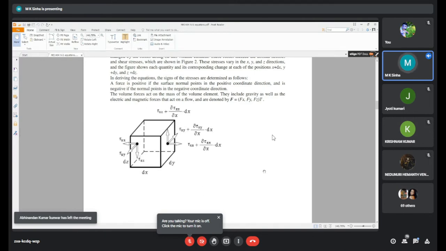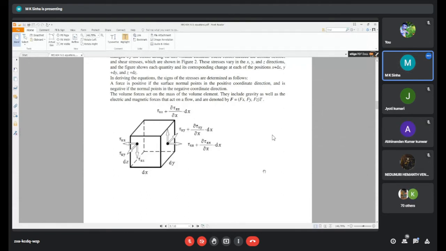So tau xy plus del tau xy by del x into dx. Similarly, tau zx plus del tau zx by del x into dx.